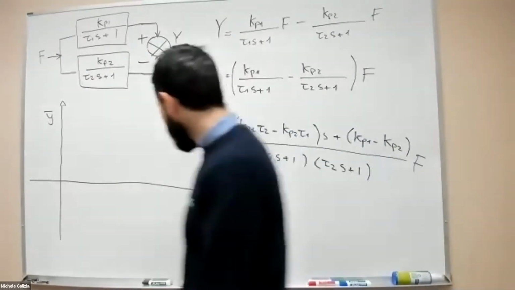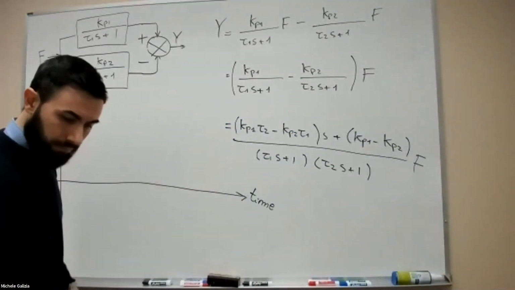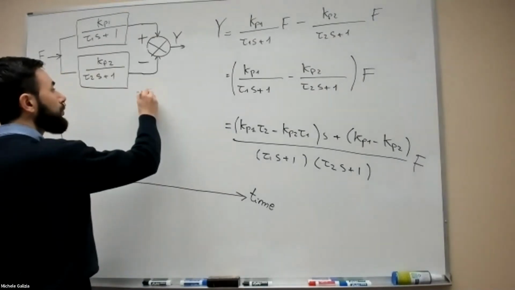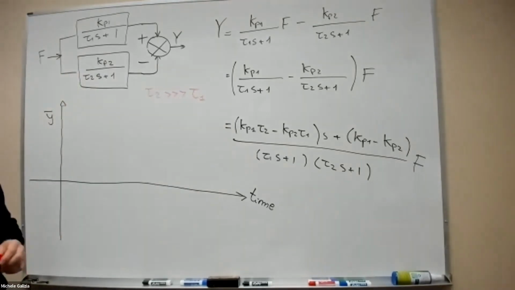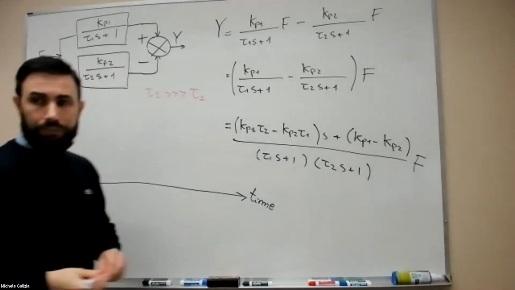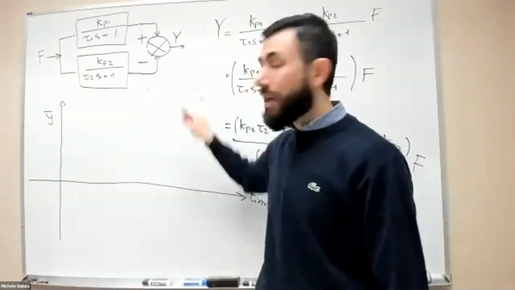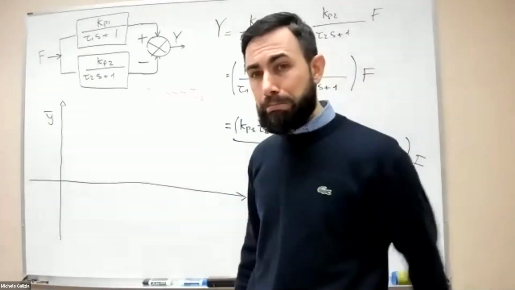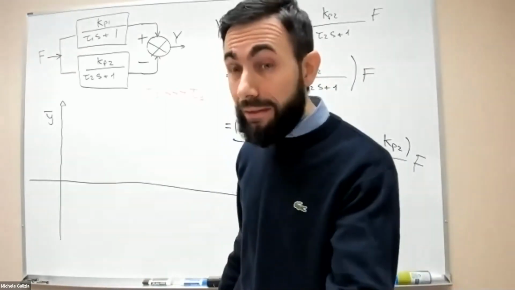Let's hypothesize that tau2 is much larger than tau1. What does that mean that tau2 is much larger than tau1, please? That the second system is much... Please go ahead.